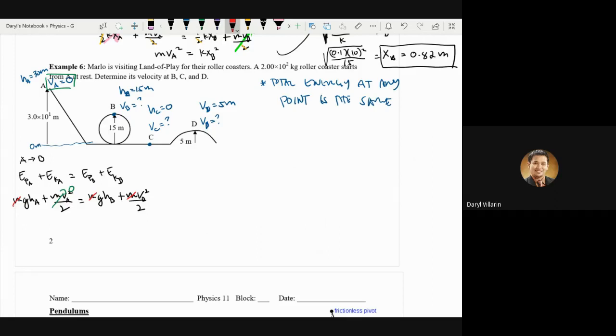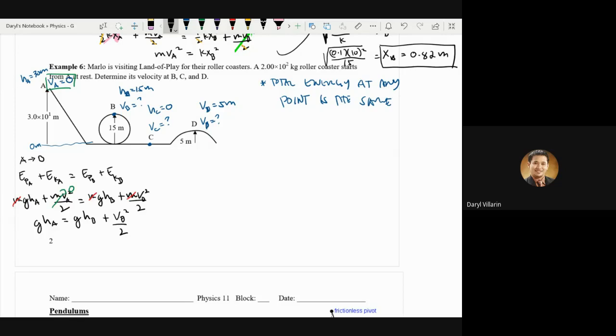What I'm sure of is that the speed at A is 0, so the kinetic energy at A is 0. HB has a particular height, so I cannot say that its potential energy is 0. In this case, don't be tempted to cancel out g, because g is not present in the second term on the right-hand side of the equation.